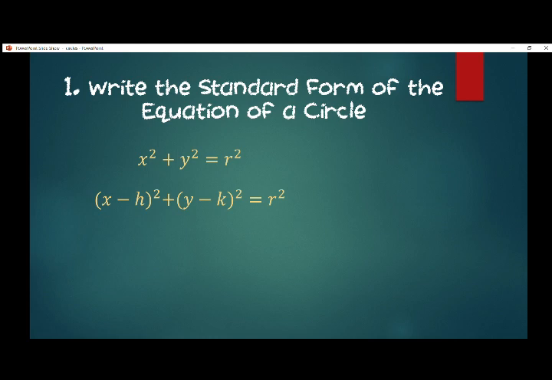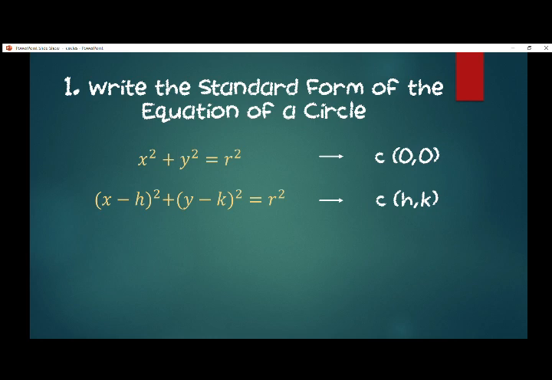So, the first equation is ginagamit kapag ang center ng circle is at point 0, 0 or at the origin. And then, the second equation naman is ginagamit kapag ang center ng circle ay wala sa origin or not at point 0, 0.